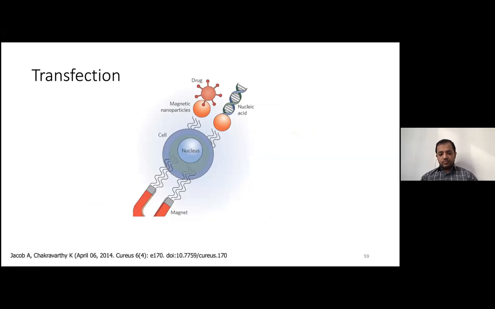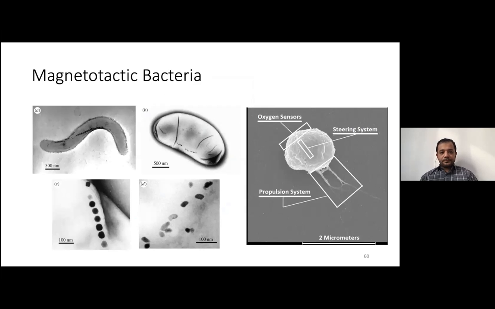Transfection is sometimes troublesome because it is dependent on how a cell behaves, so some sorts of transfection may not completely work. Magnetic nanoparticles can help with that. You attach them to a nucleic acid or a drug, and then you pull them inside the cytoplasm of the cell to deliver your medication.